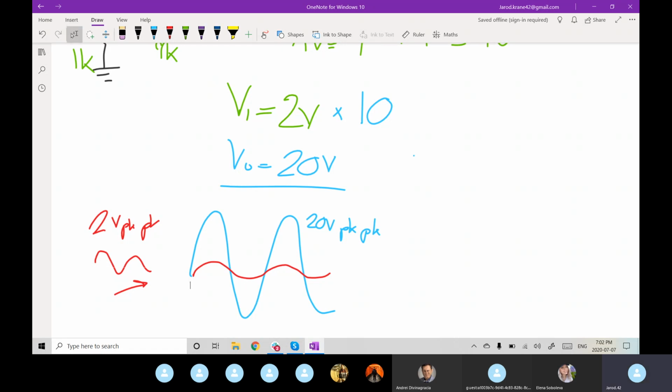Now this is where, when you start to deal with AC voltages, your supply volts start to matter.